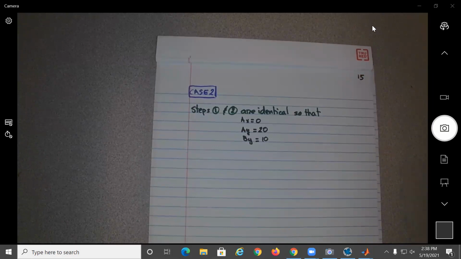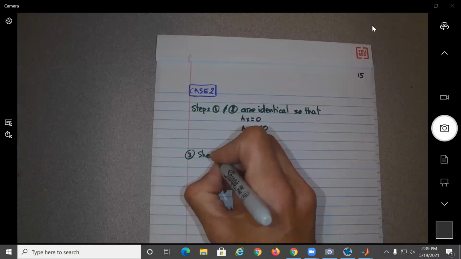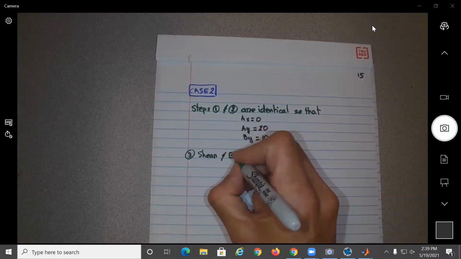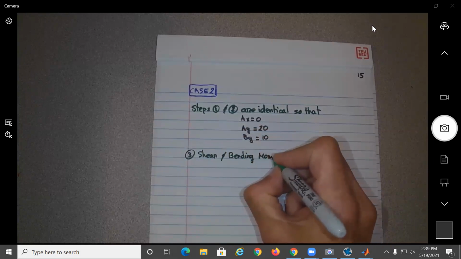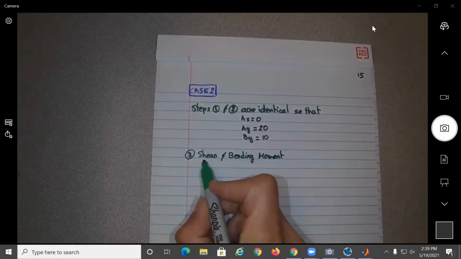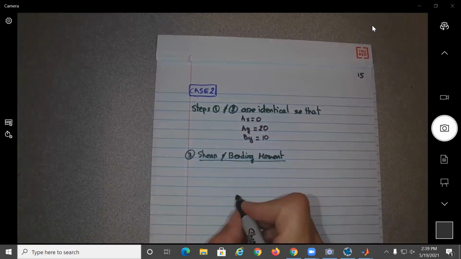Okay, we go to step 3, which is the shear and bending moment equation. Okay, so here, what happens is that this time the figure for us is what?